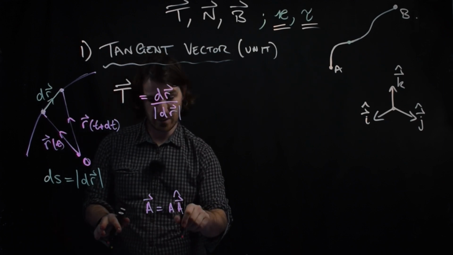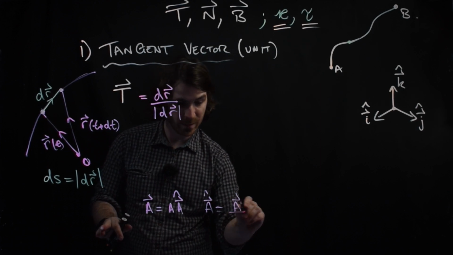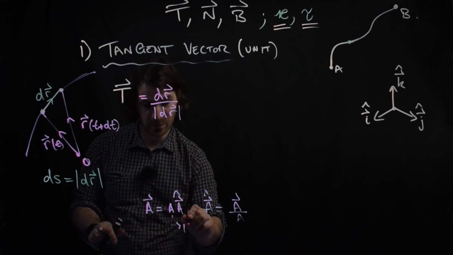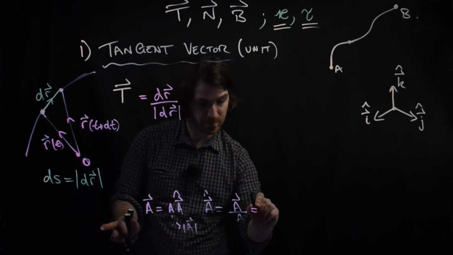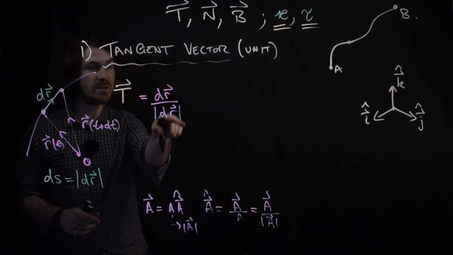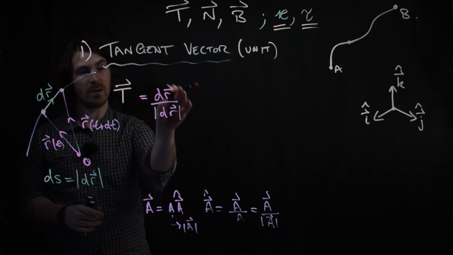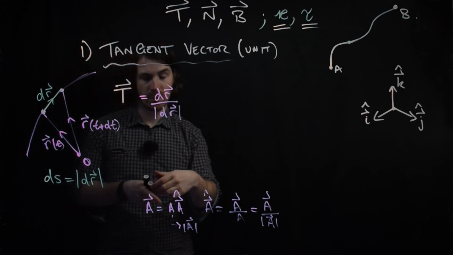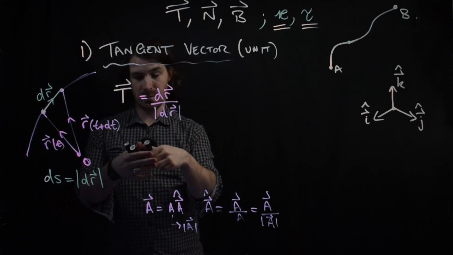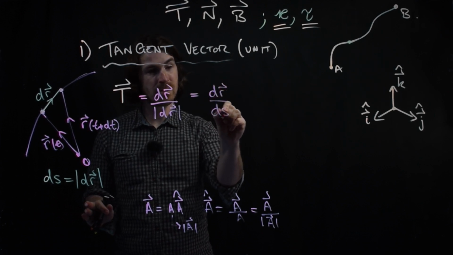So the unit vector A equals the vector A divided by A, where A here is the magnitude of A. So what we've done is divide dr by its magnitude, so we make this a unit vector on the right hand side. We know what mod dr is, it's ds. So this is dr by ds.